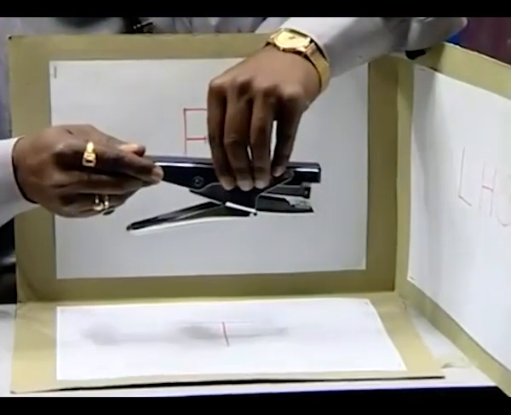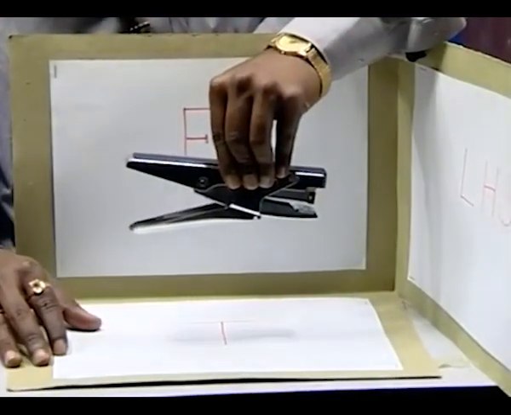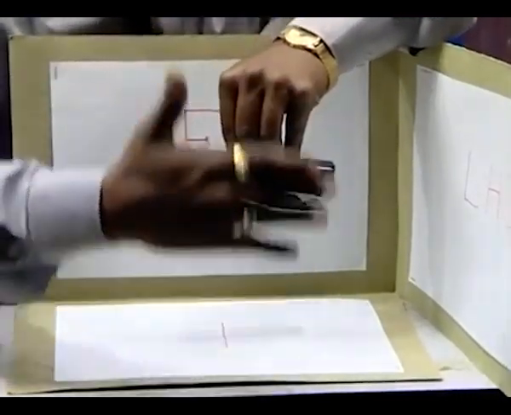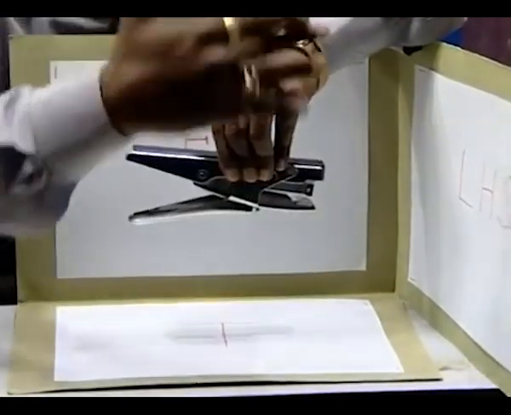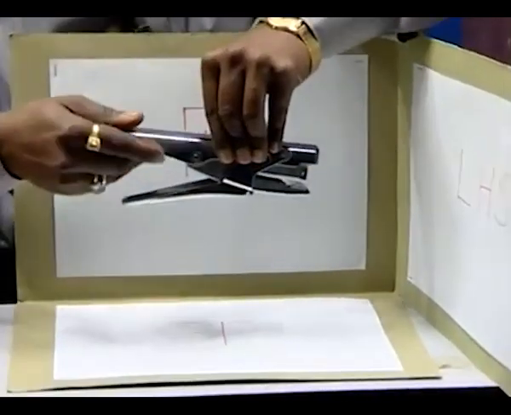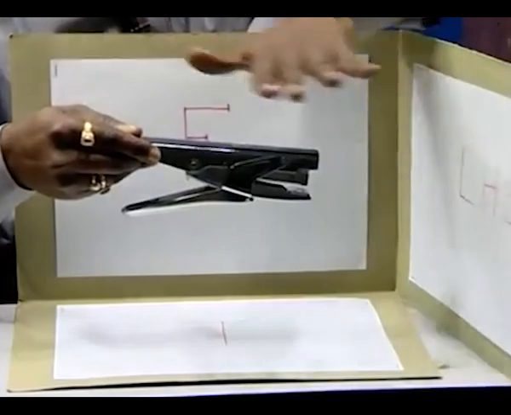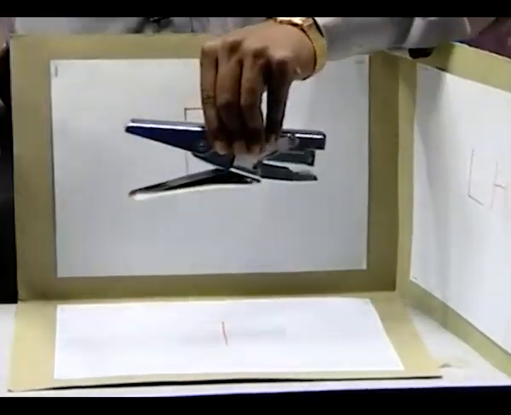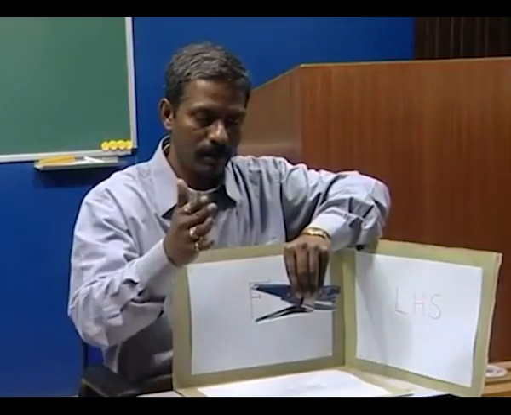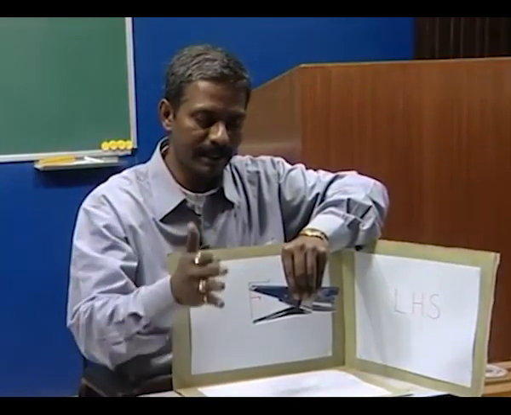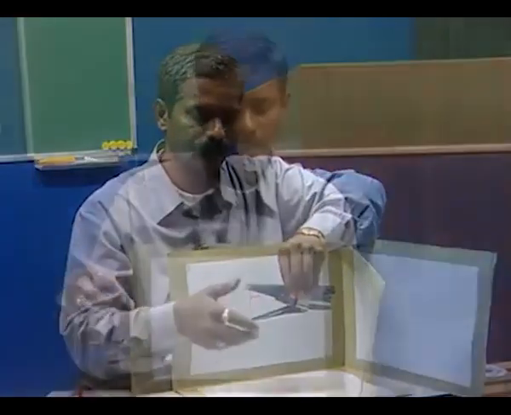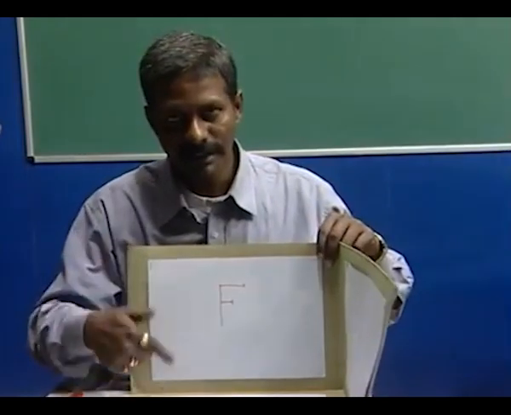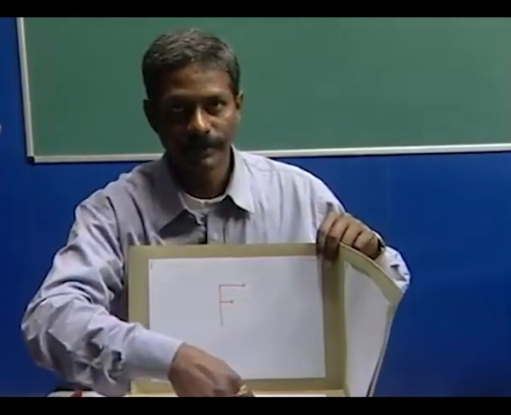For the third angle orthographic projection, this plane here will be the front view. This plane here will be the top view, and this plane will be the left hand side. The orientations of these planes will be slightly different.